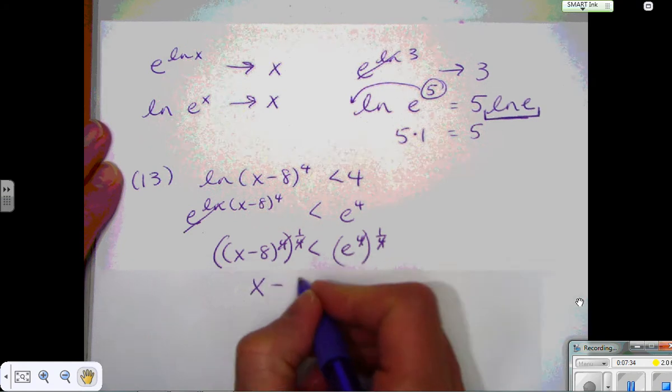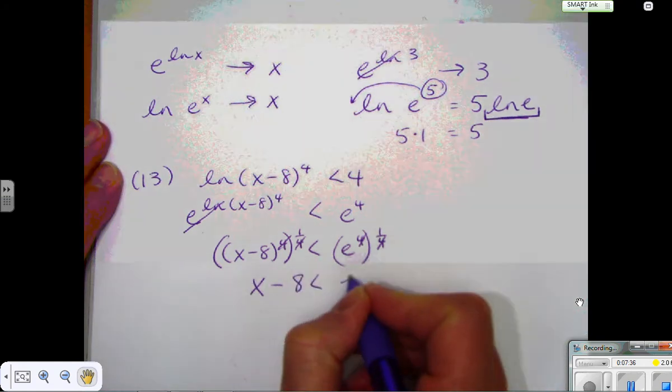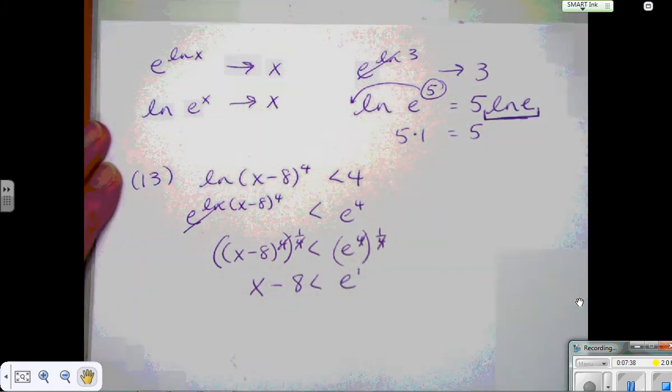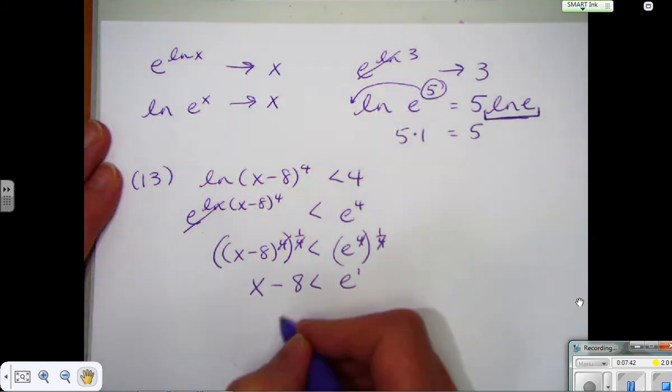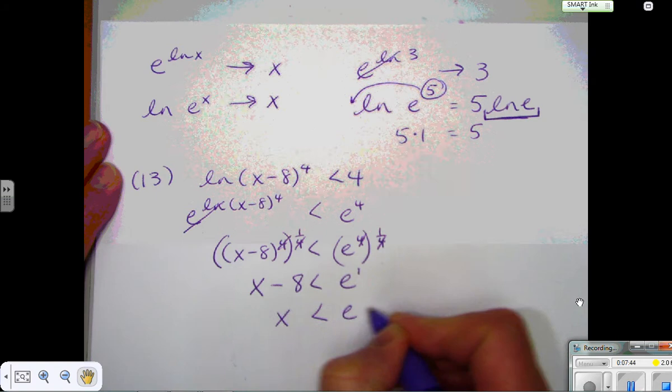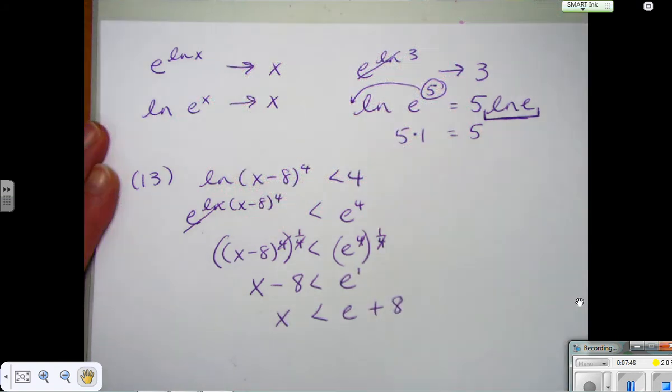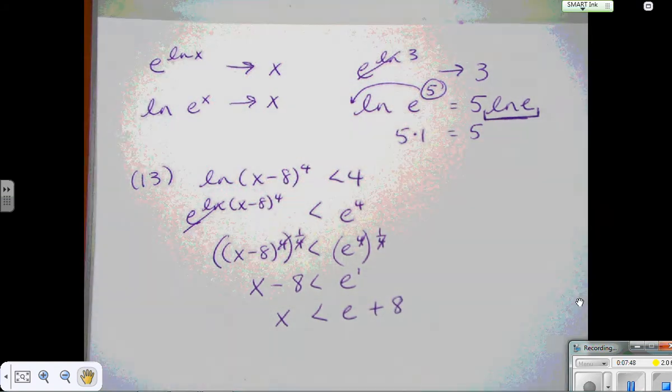Okay, so now we have x minus 8 less than e to the 1st power. And to get my value for x, I'm going to add 8 to the other side. So then type it into your calculator.